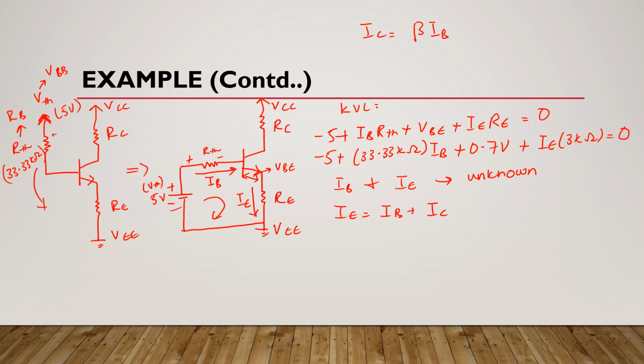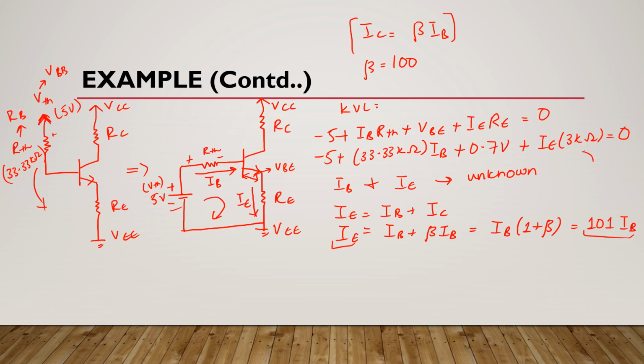So if we substitute this value of IC here, we get IE is equal to IB plus beta IB, and if we take IB common in this equation, we get IB times 1 plus beta. Suppose here we have beta 100, it means now this IE is equal to 101 IB.